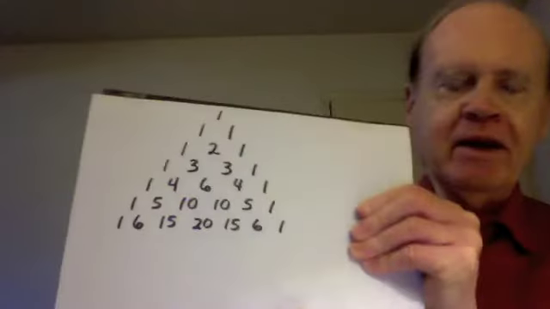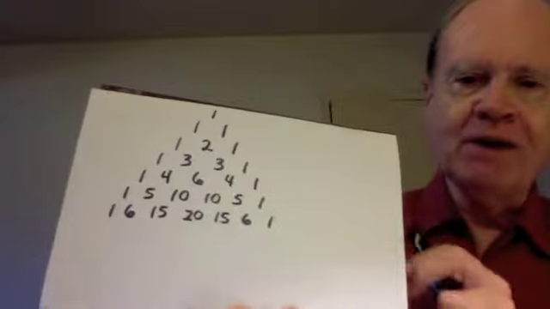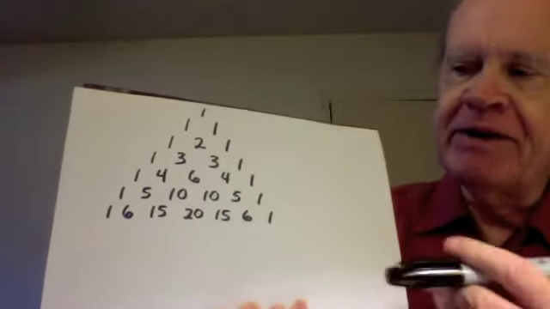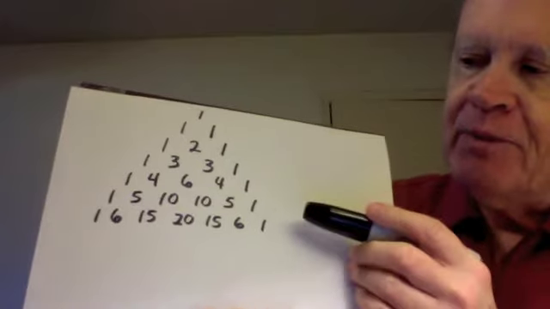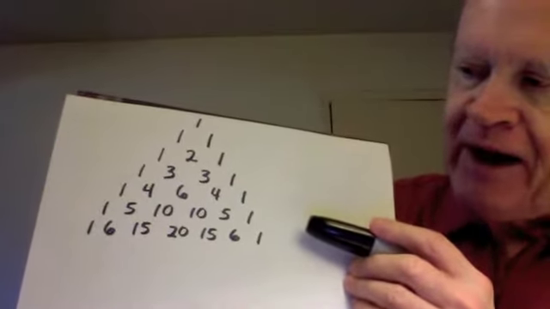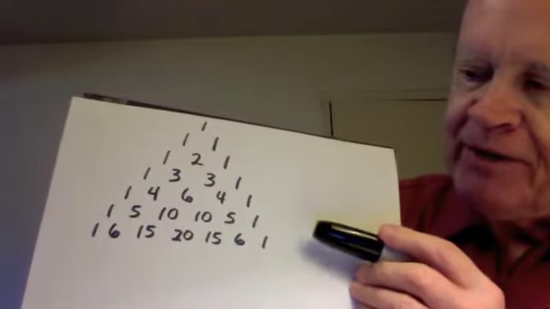In that video, I introduced the special array of numbers developed by Blaise Pascal, known as Pascal's triangle, in which we have ones along both the left side and the right side, and in the interior each number is gotten by adding the number diagonally above it to the left plus the number diagonally above it to the right.